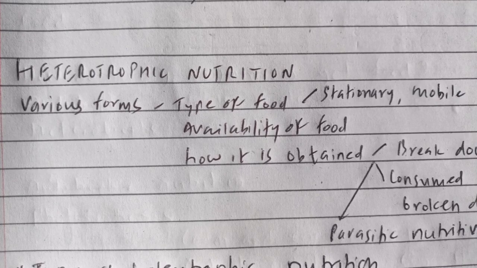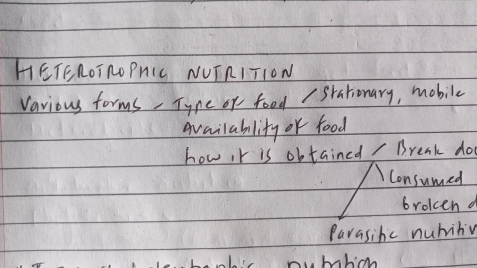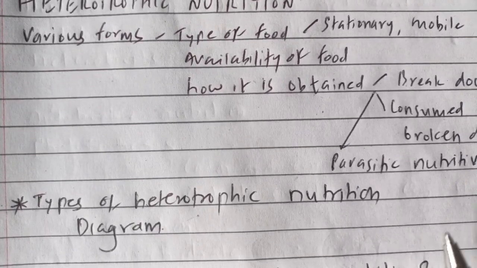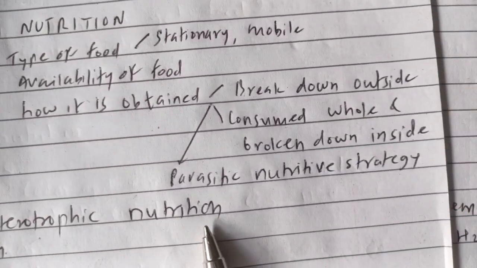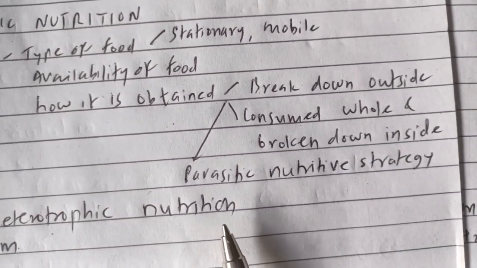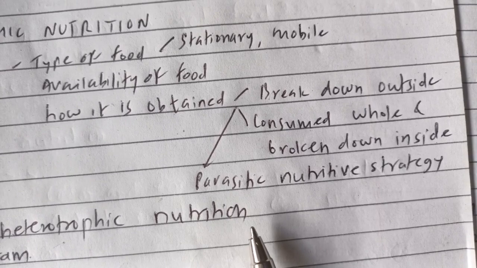So what can be taken in and broken down depends on the body design of that organism and how the body functions. Some other organisms use a parasitic nutritive strategy.